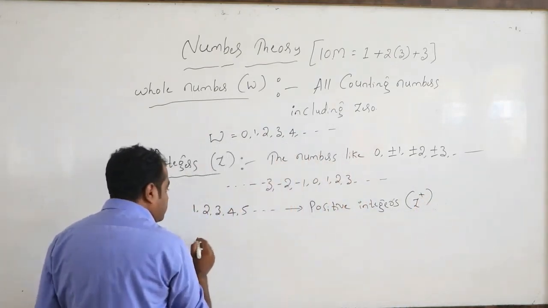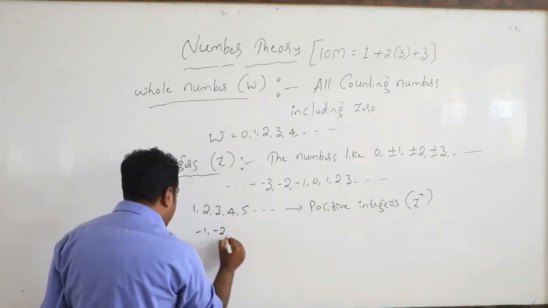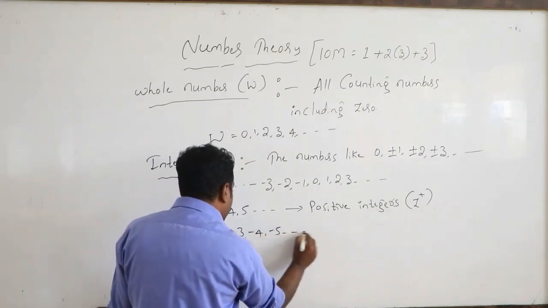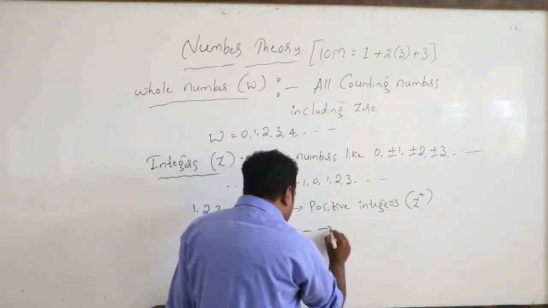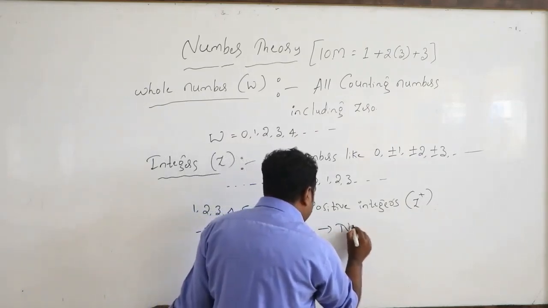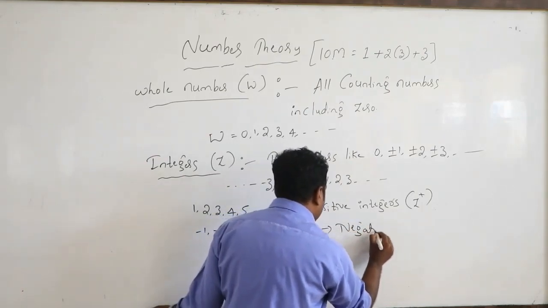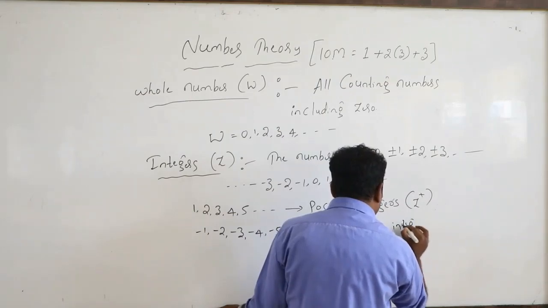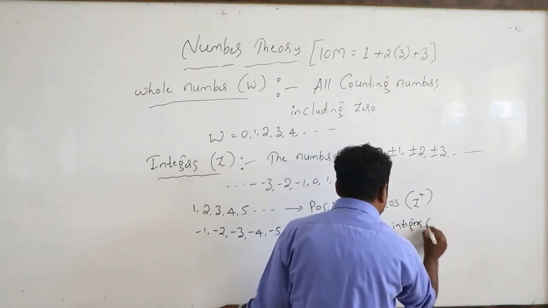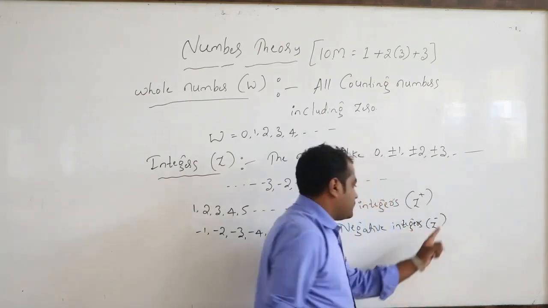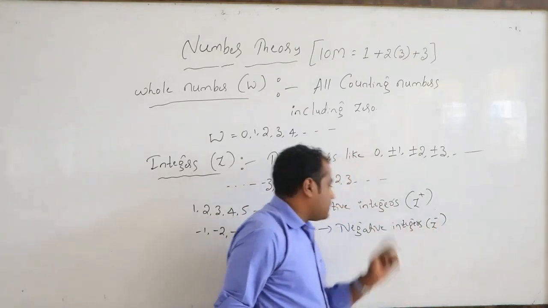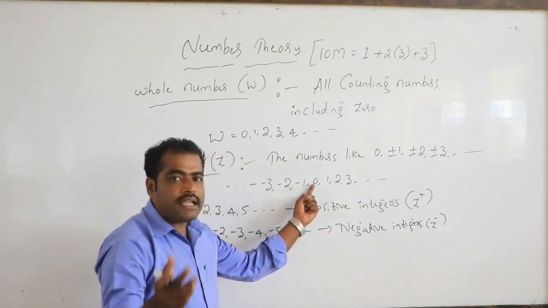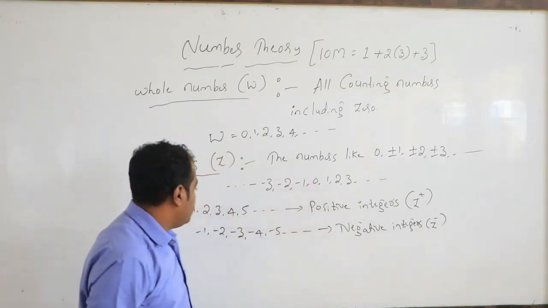The numbers minus 1, minus 2, minus 3, minus 4, minus 5, and so on, are called negative integers, that is Z minus. And 0 is neither positive nor negative.